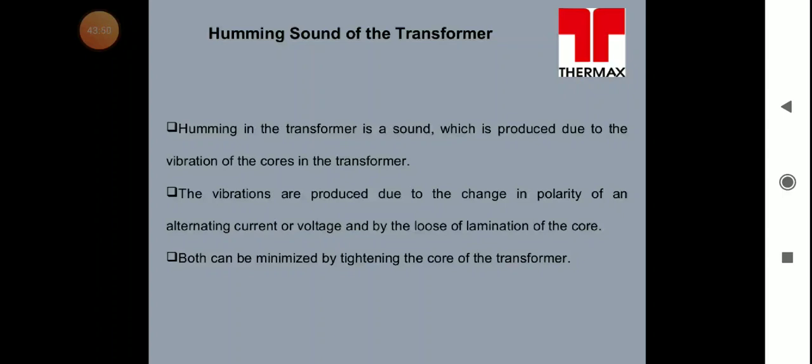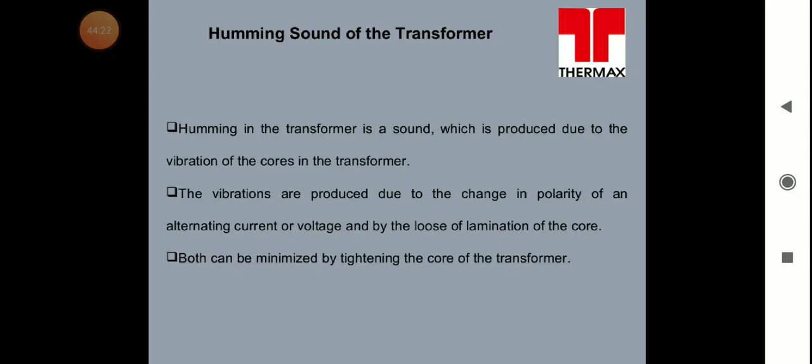The vibrations are produced due to the change in the polarity of an alternating current or voltage and by the losses of lamination of the core. Both can be minimized by tightening the core of the transformer. We already discussed this type of loose core loss. Whenever the core is loose, some sort of humming sound is generated.